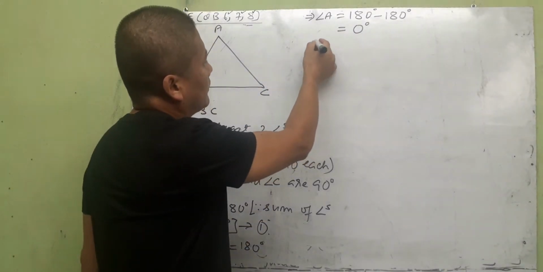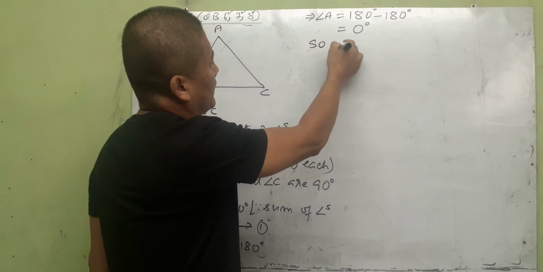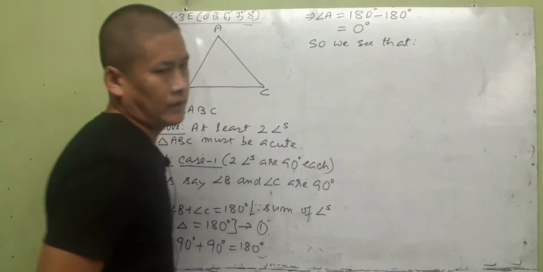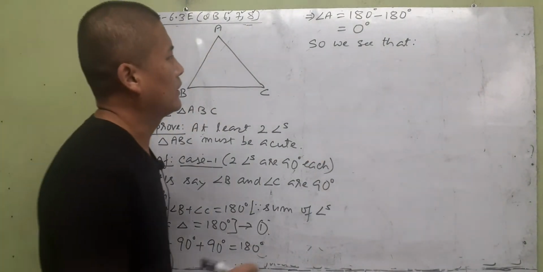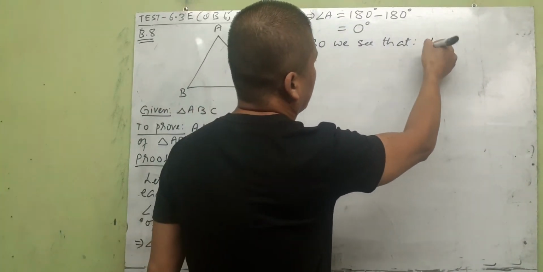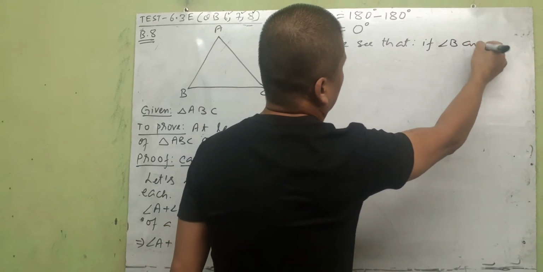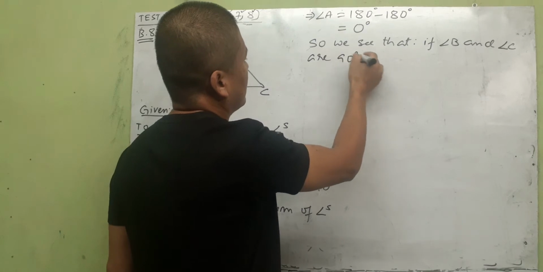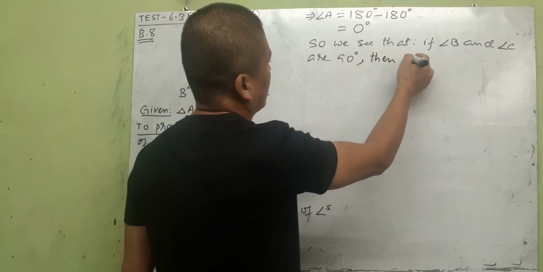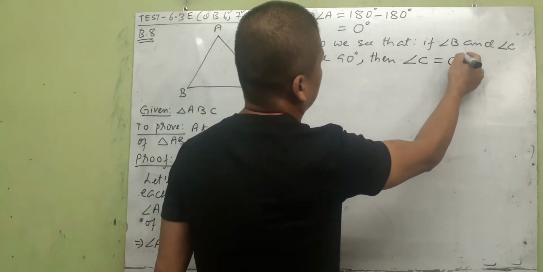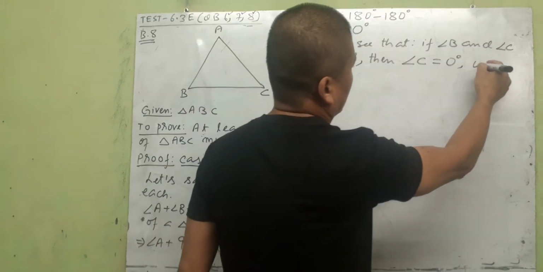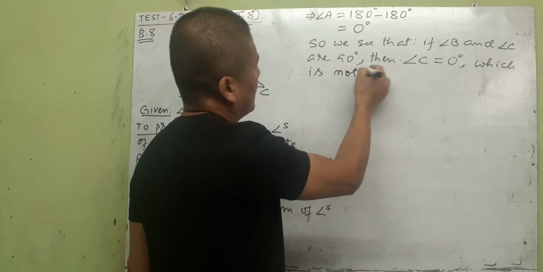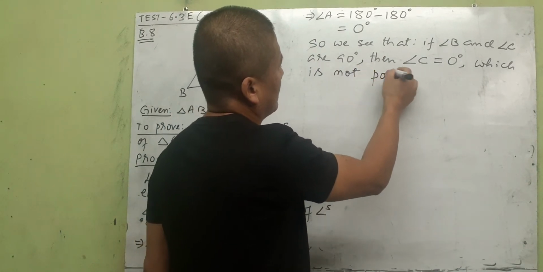So we see that if angle B and angle C are 90 degree each, then angle A becomes equal to 0 degree here, which is not possible.